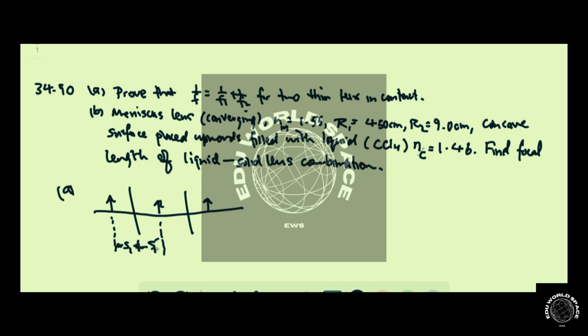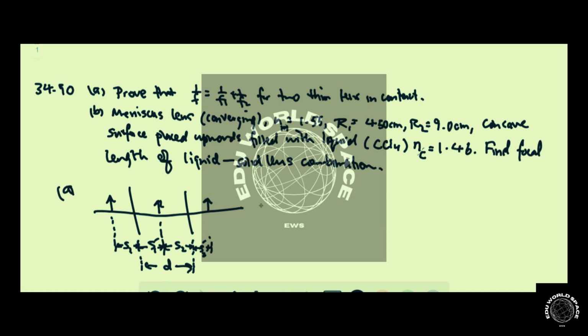And then this will be S2, and this will be S2 primed. And then let's say the distance between the two lenses is given by D.